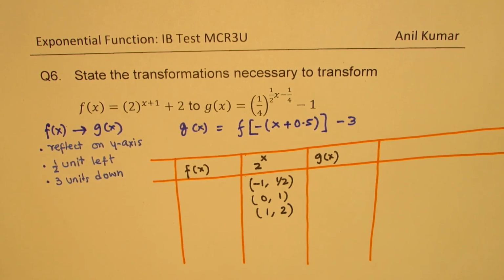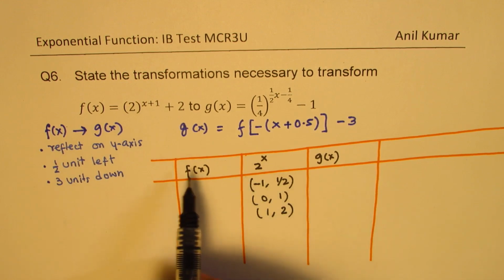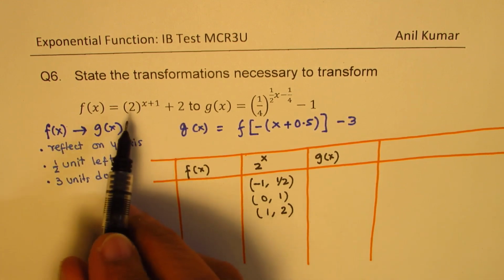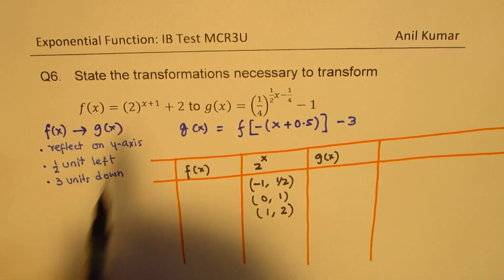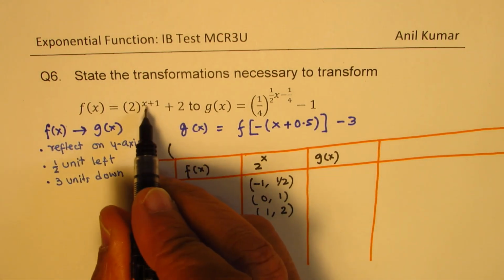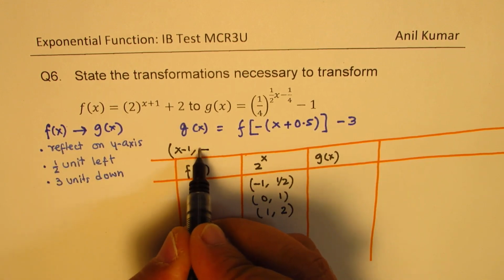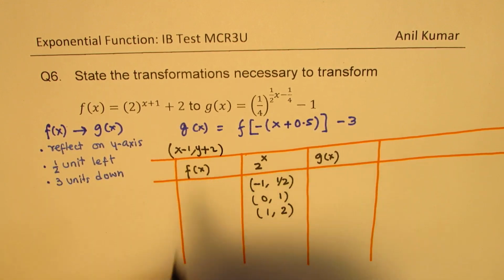Correct? So for f of x, going from 2 to the power of x, the transformation is that for x values we take away 1, and the y values we add 2. So we have y plus 2.